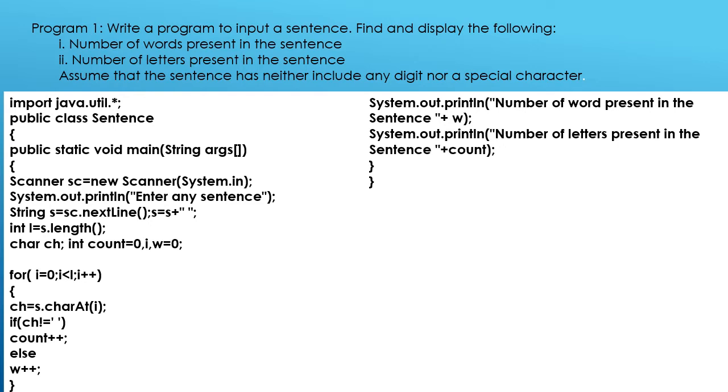Define the class by using public class Sentence. Here Sentence is the class name. Define the method public static void main(String args[]). In the method block, we have to define the object of the Scanner class by using Scanner sc = new Scanner(System.in).